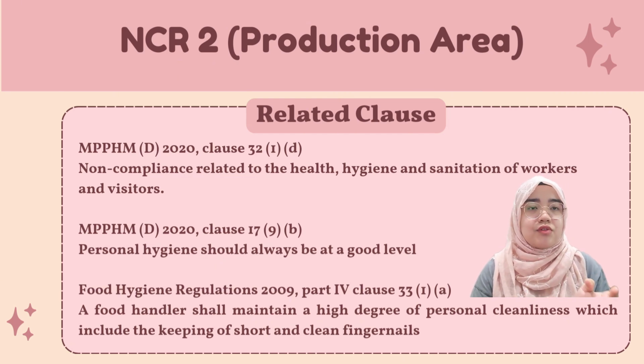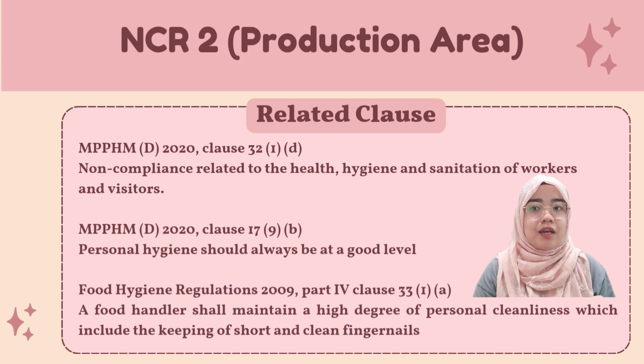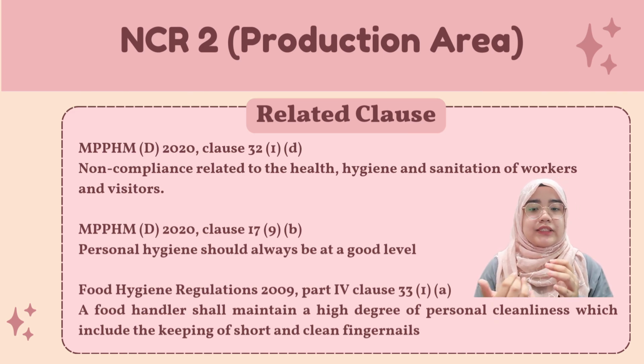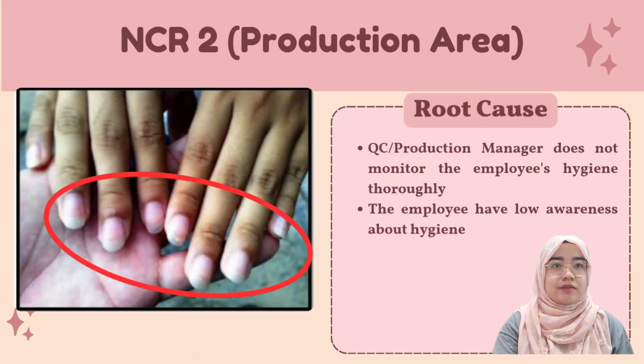Furthermore, it relates with the Food Hygiene Regulation 2009 Part 4 Clause 33 1A, which states that a food handler must maintain a high degree of personal cleanliness, which includes keeping short and clean fingernails. Therefore, as we can see in the picture, Mr. Sasikumari does not have a high level of hygiene and does not comply with this clause.